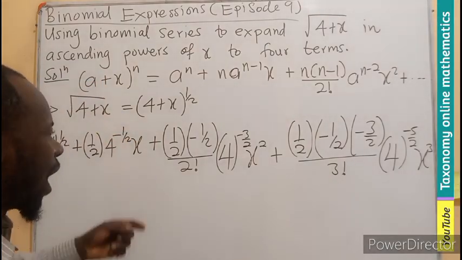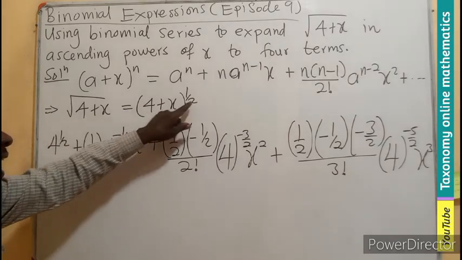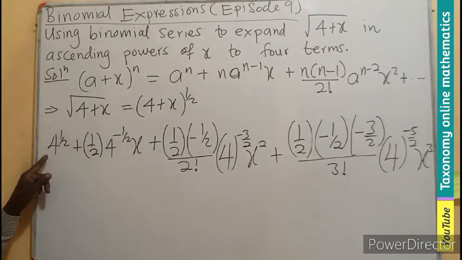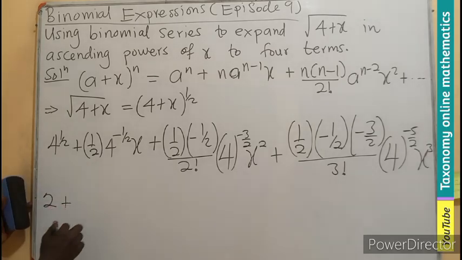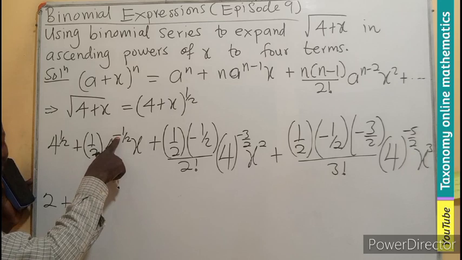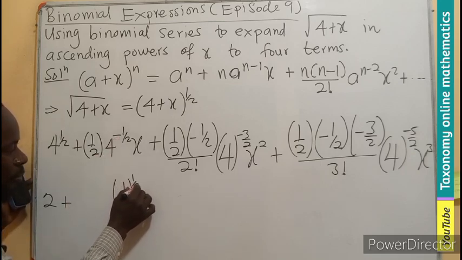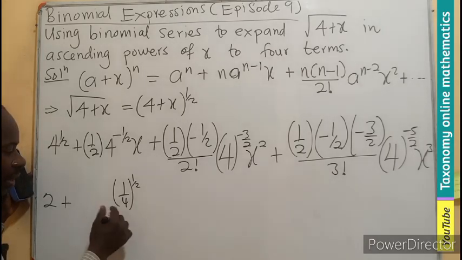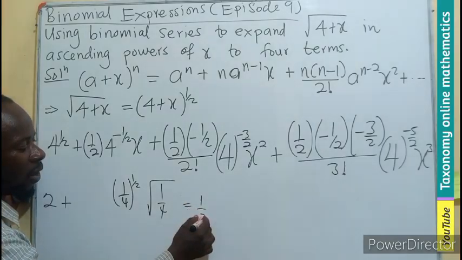So now let's see how we can simplify it. We know a power of half is a square root. So the square root of 4 will give us 2, plus, don't forget, if you have a negative exponent, you reciprocate the base. So let's reciprocate and put the half as positive, which still means the square root of 1 over 4, and that will be 1 over 2.